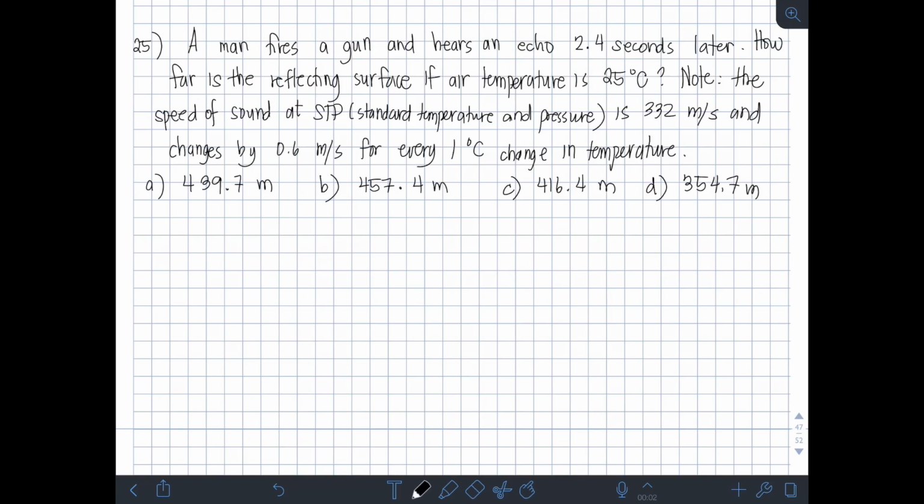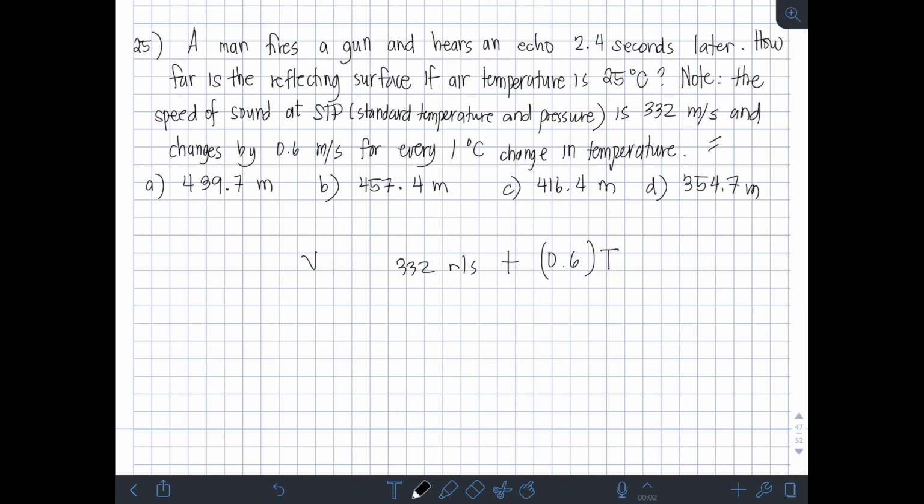Nag-fire daw ng gun yung isang man at nakarinig siya ng echo 2.4 seconds later. So, ano raw yung distance ng reflecting surface kung yung temperature daw is 25 degrees Celsius? From the definition sa note natin, yung speed of sound daw at STP is 332 meter per second and nag-change siya ng 0.6 meter per second for every change daw na 1 degree Celsius, times t.